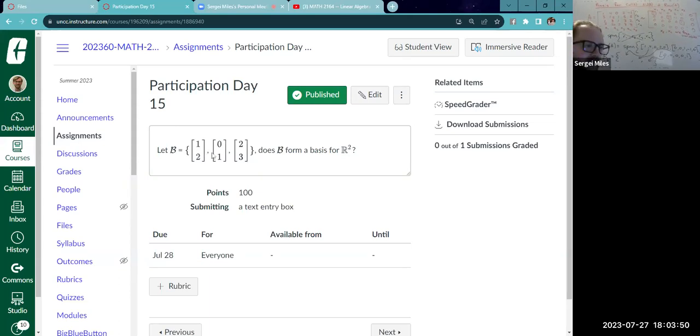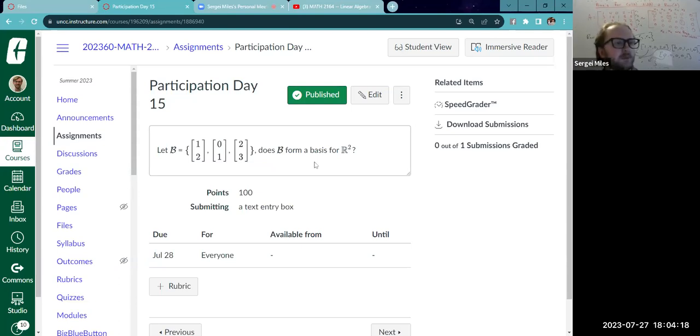If I put these vectors together into a matrix and try to row reduce them, because I only have 2 rows, at most, I can only get 2 pivots. But if I can only have 2 pivots, that means one of these vectors is linearly dependent. If these vectors are not linearly independent, then it is not a basis.